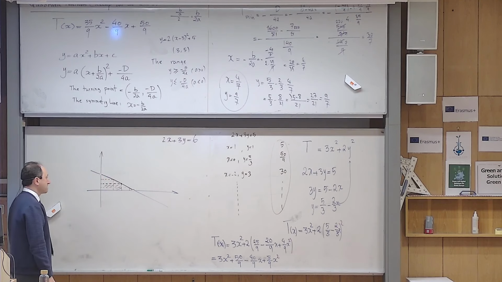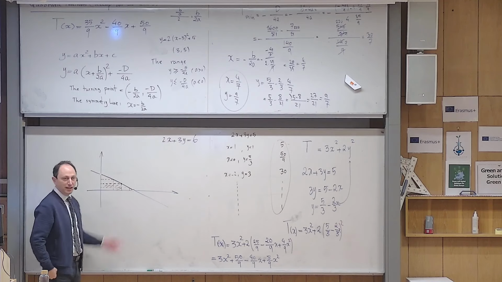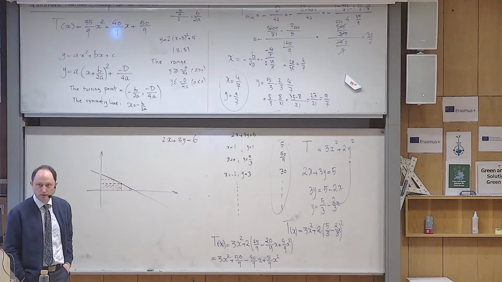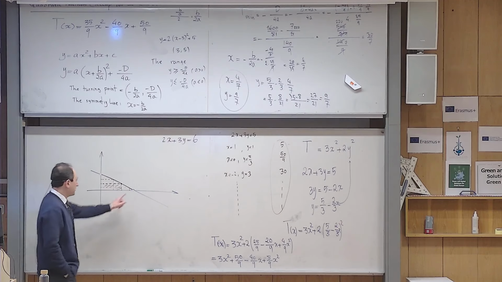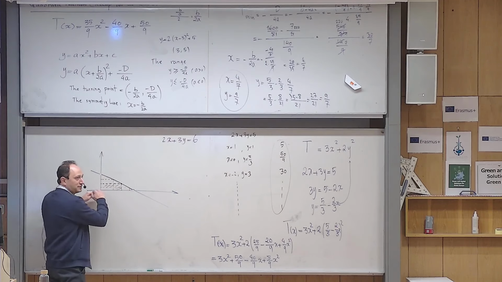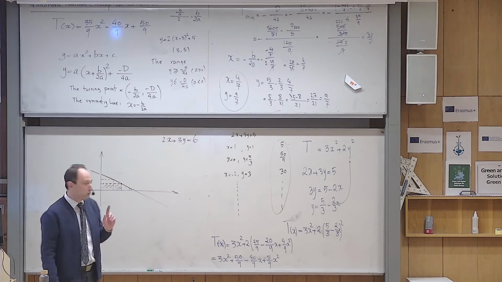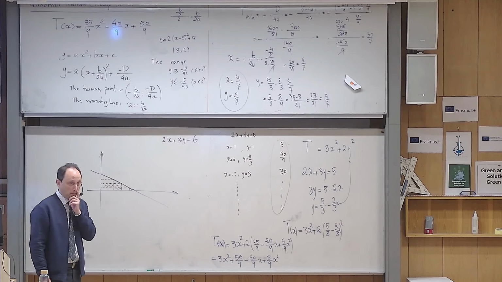What is the smallest area? 0. Because if I choose this one, then of course I will have a degenerate rectangle. So what is the maximum area?